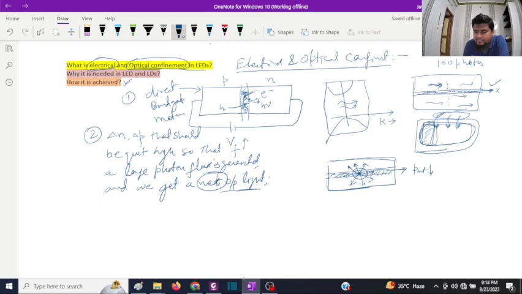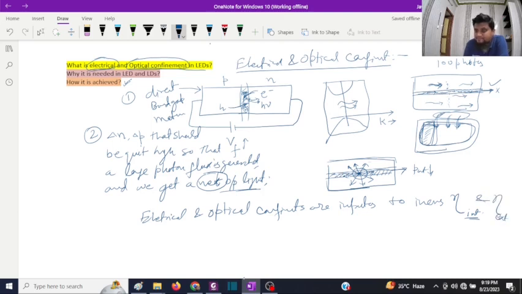So ultimately, electrical and optical confinements are important to increase quantum efficiency, of course internal quantum efficiency and external quantum efficiency respectively.